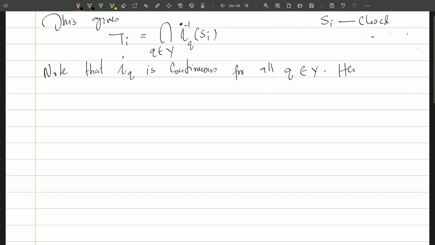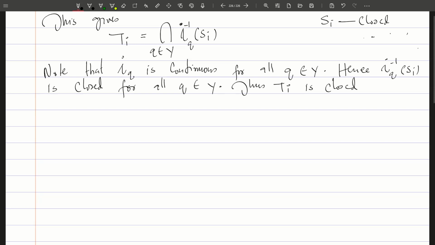Hence iq inverse of Si is closed for all q in Y. So thus Ti is closed. So this gives us that Ti is closed in X.